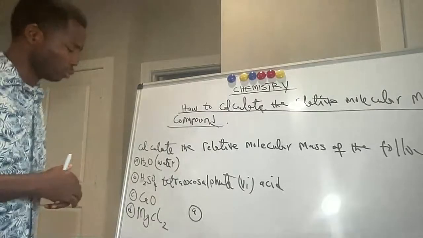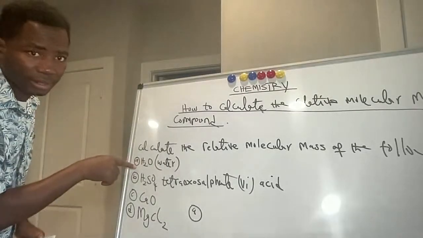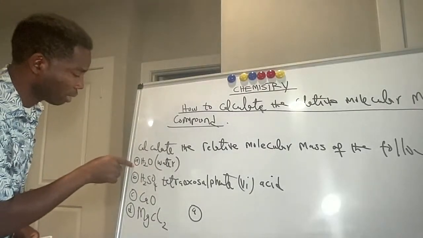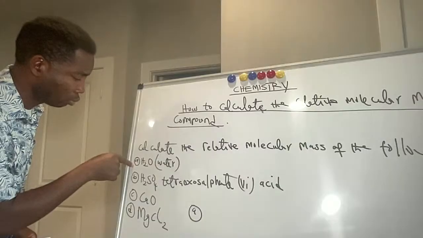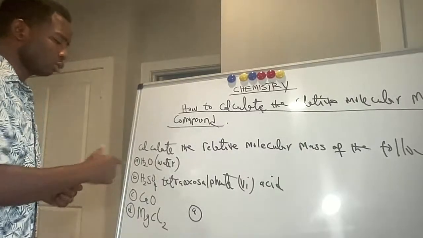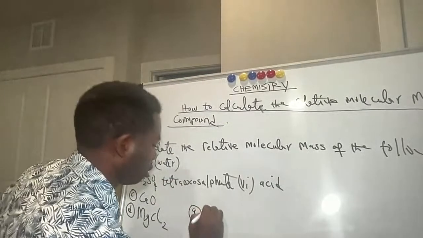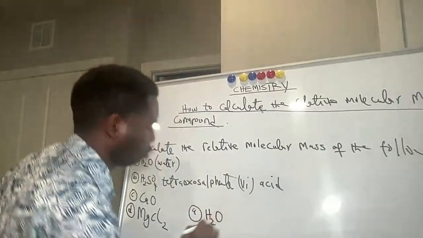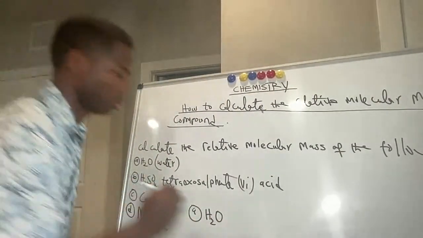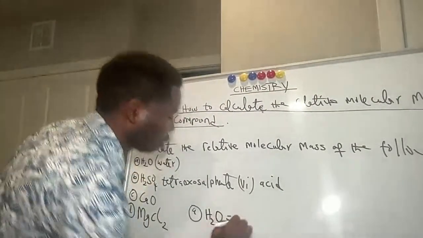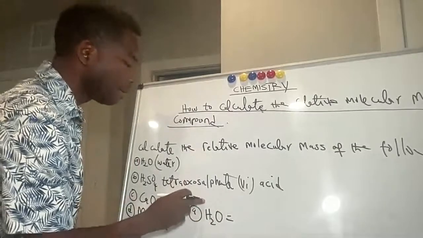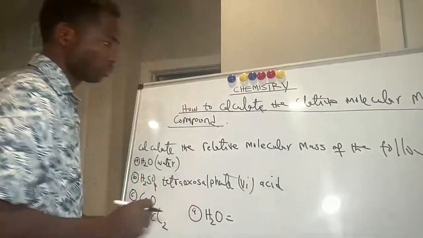That is what we are going to do. So the first exercise we are going to take a look at is exercise A, which is water. H2O is water, right? Good. Let's proceed.